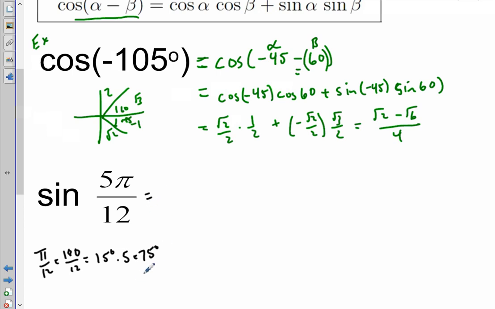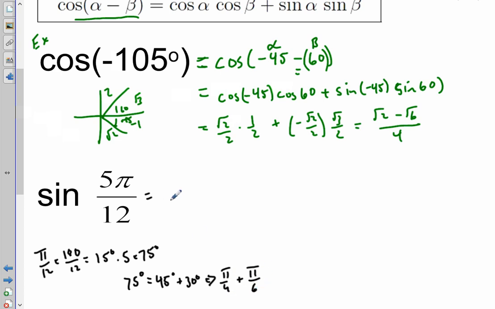Well, 75 degrees, once again, has a 5. 75 degrees can be broken down into 45 plus 30 degrees, which gives us 75 degrees. So we know that 45 is equivalent to pi over 4 plus pi over 6 for 30.